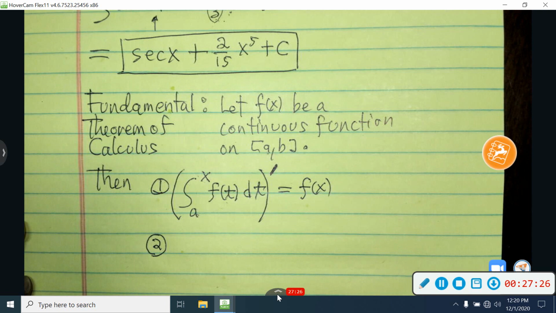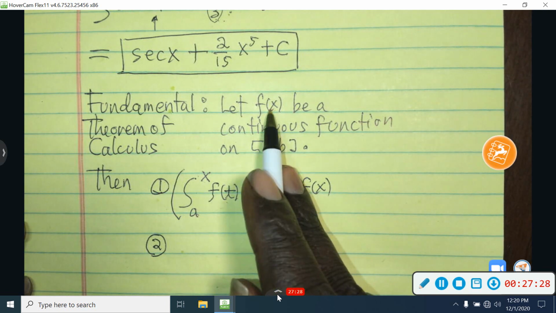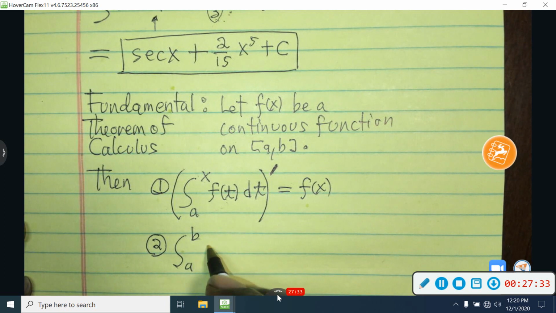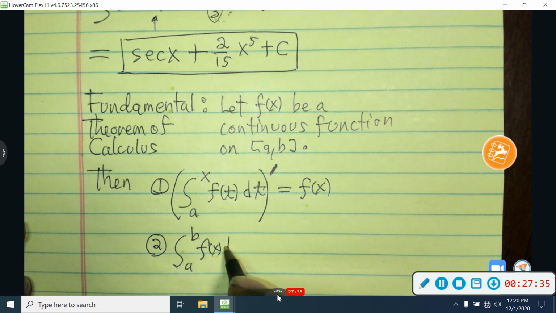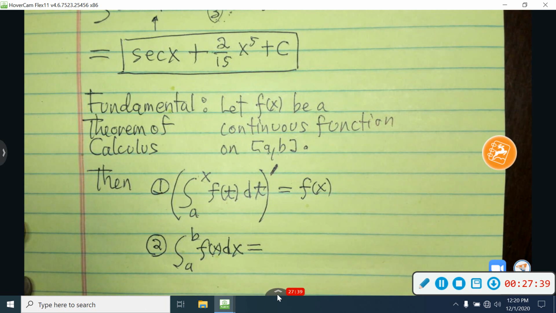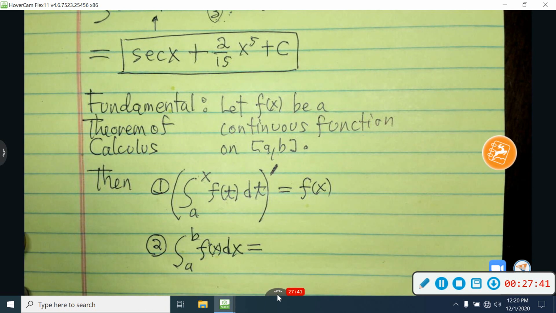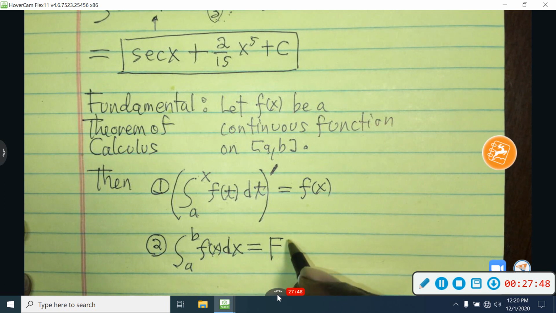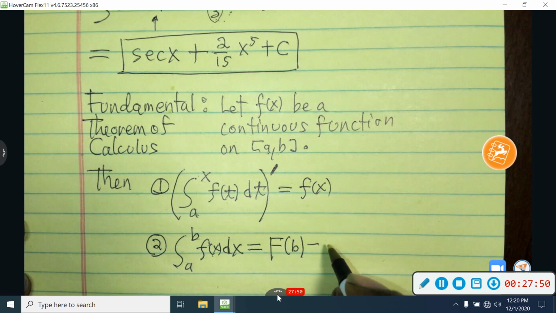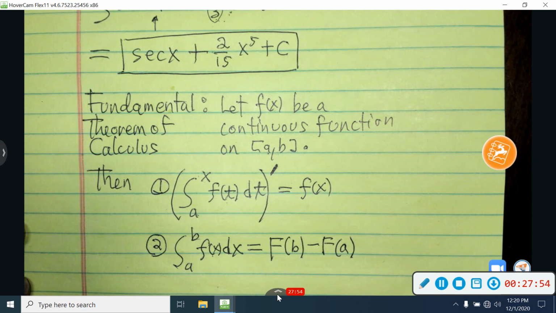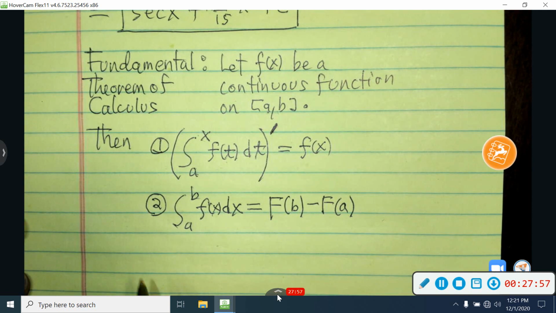So now we've agreed to call the actual area under f this symbol, the definite integral from a to b of f of x dx. And now we're saying you can find that without taking a limit of a sum. What is it equal to? Well, it's equal to capital F of b minus capital F of a. What's capital F? Well, I'll tell you.